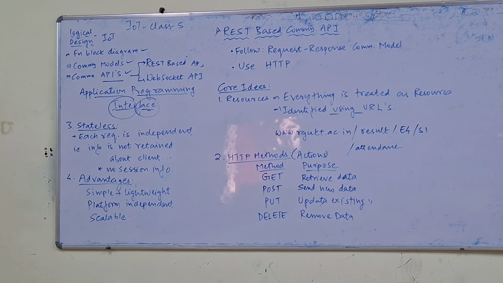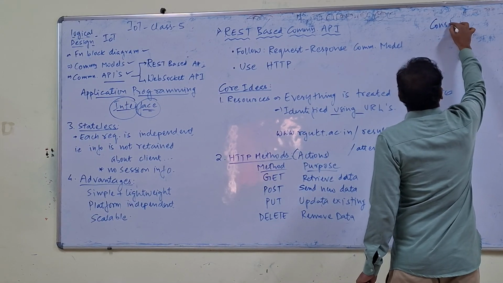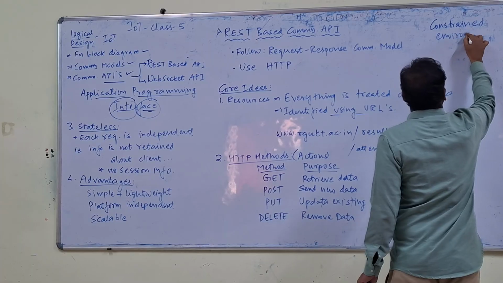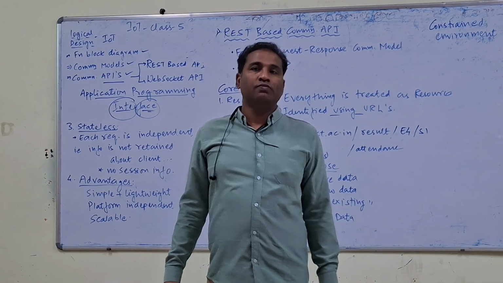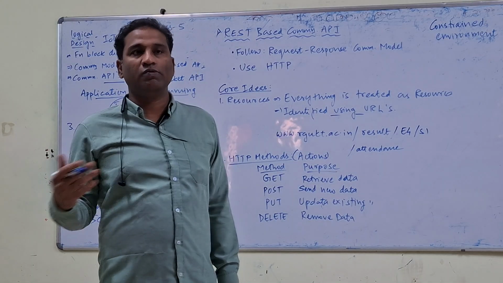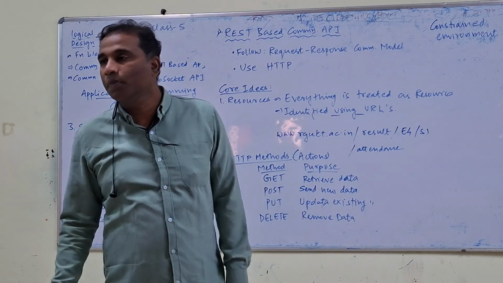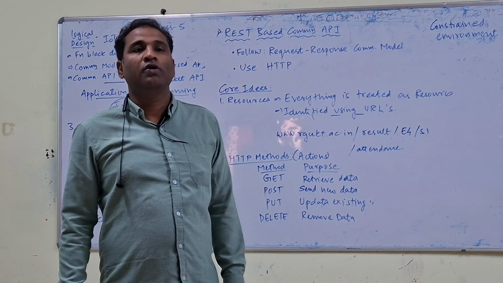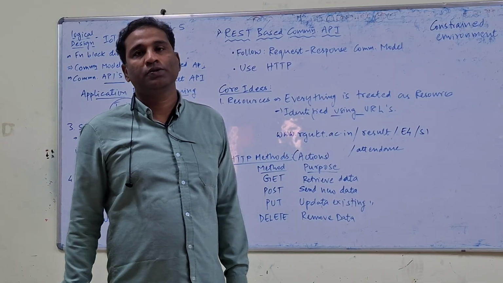When there are fewer bits, every time you will see one phrase: constrained environment. What is the meaning of this constrained environment? This phrase you will come across frequently in the Internet of Things. Restricted, limited. To keep it simple, less.